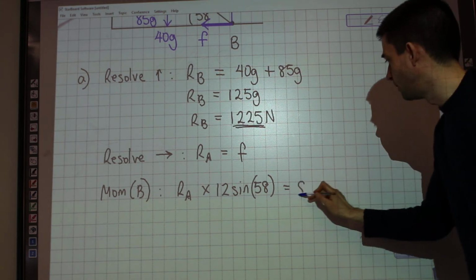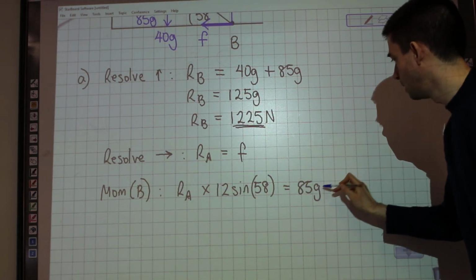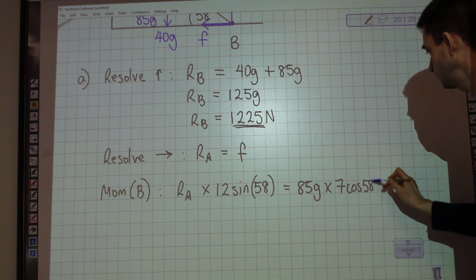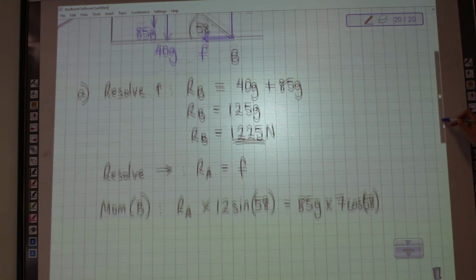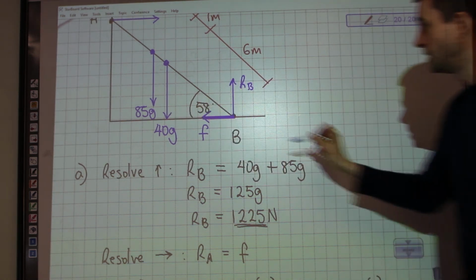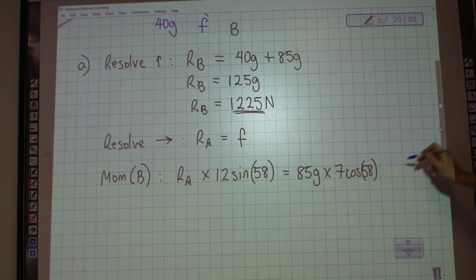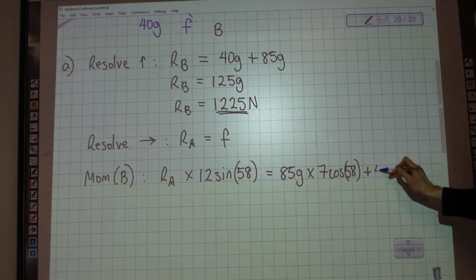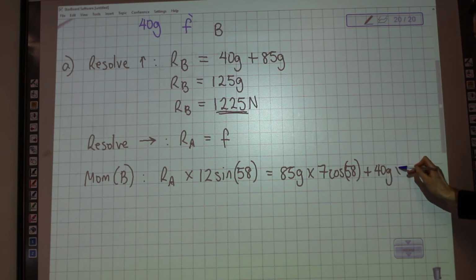So 85g times by 7 cos 58. And the 40g, the hypotenuse is 6, but it's still the adjacent side. So that's going to be plus 40g times by 6 cos 58.